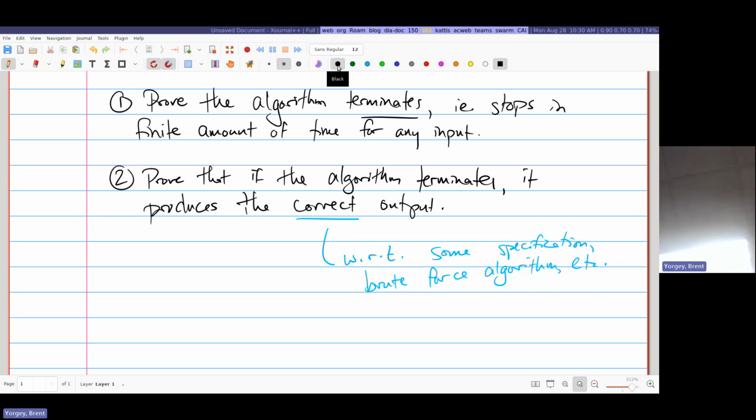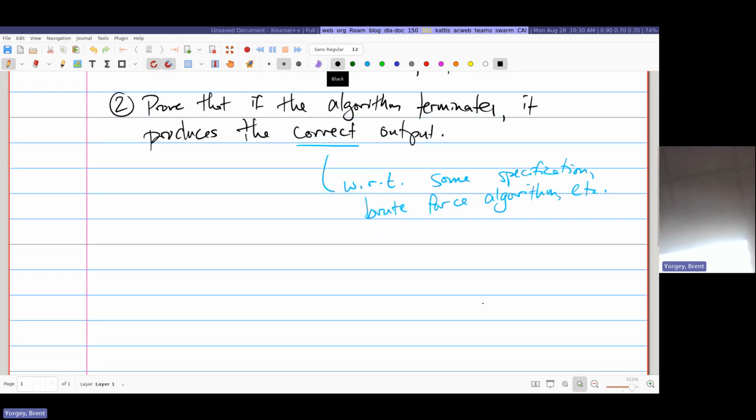But just looking at the code, it's not obvious. There are loops that say while whatever, or some recursion, and you're like, could be an infinite loop, could keep calling itself recursively forever. I don't know. We have to prove that. Okay, any questions about that?